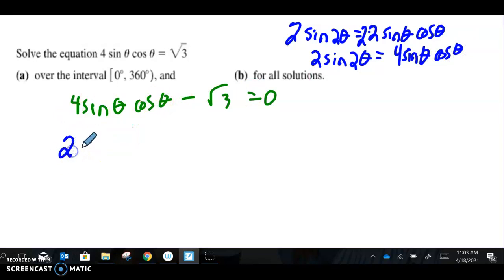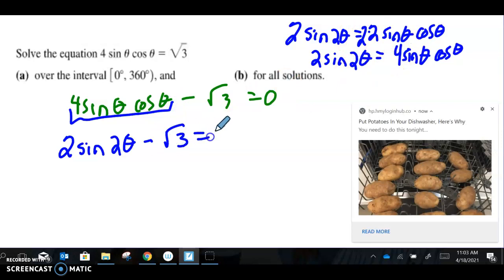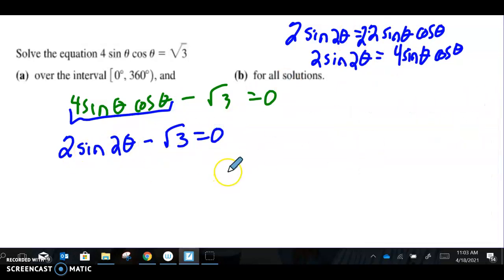Let's do that. 2 sine of twice an angle is exactly the same as this. We see it on our identity sheet. The reason I'm doing that, again, is so that I just have one trig function. I don't want all these trig functions. I don't want sine and cosine together if I can help it. You'll always be able to have that formula sheet by you guys, okay?